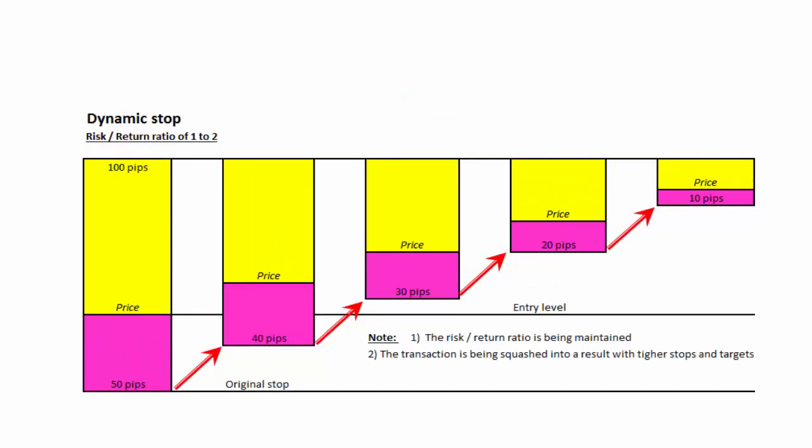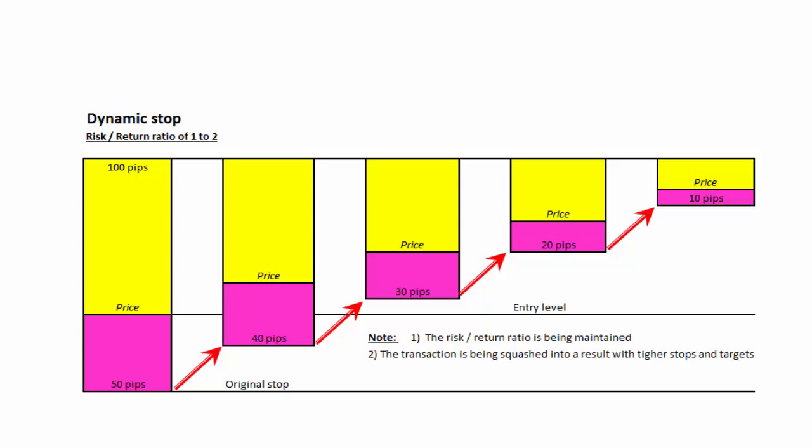Now, what the dynamic stop does, and it's a bit like a following stop, but it keeps the ratio of your risk-return ratio the same throughout the transaction. So, for instance, if you have a 100 pip target and a 50 pip stop, that means your risk to reward ratio is 1 to 2, and therefore it will keep that ratio throughout the transaction.